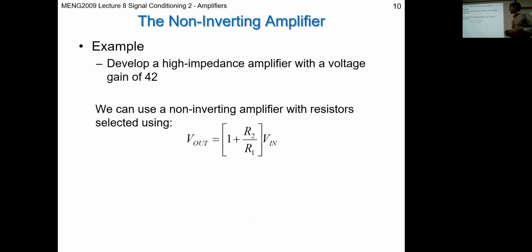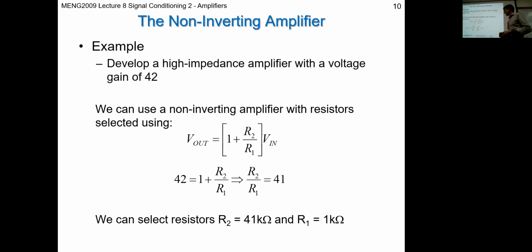So we can use our non-inverting amp, and we could use a nice big resistor for R2, say 420 kilo ohms, and then we would use 10 kilo ohms on the bottom, and that gives us a ratio of 42 here. Except it doesn't need to be 42 because you've got a plus 1, so it'd be 41. So you've got 41, and that would do it. And we use kilo ohm resistors to make sure it's high impedance.